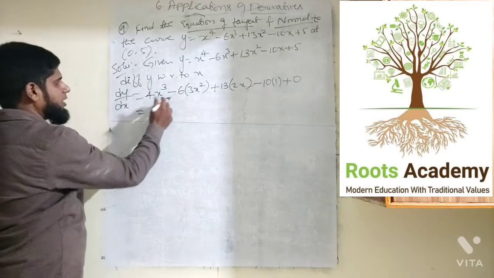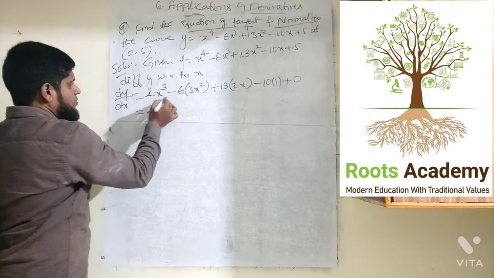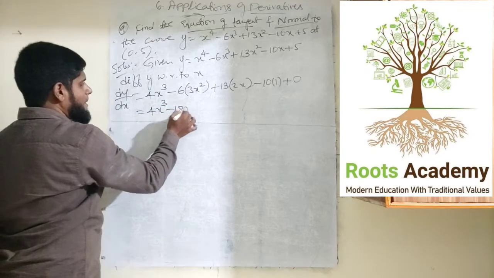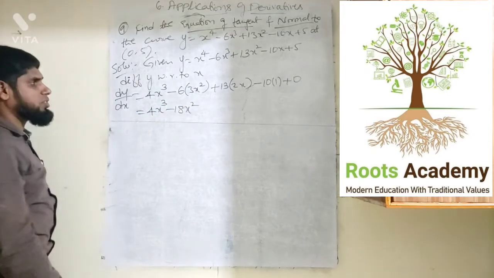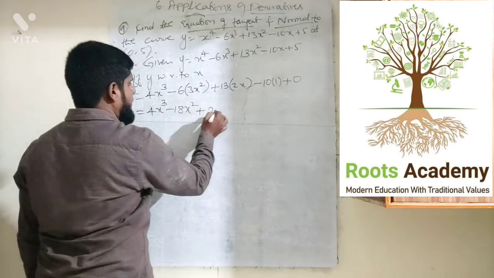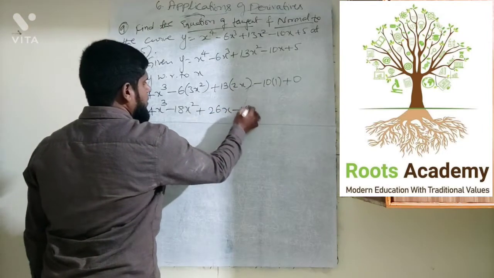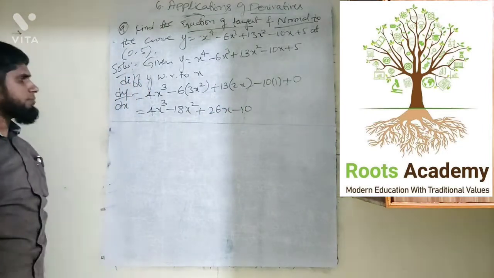Finally, our dy by dx is 4x cubed minus 18x square plus 26x minus 10.